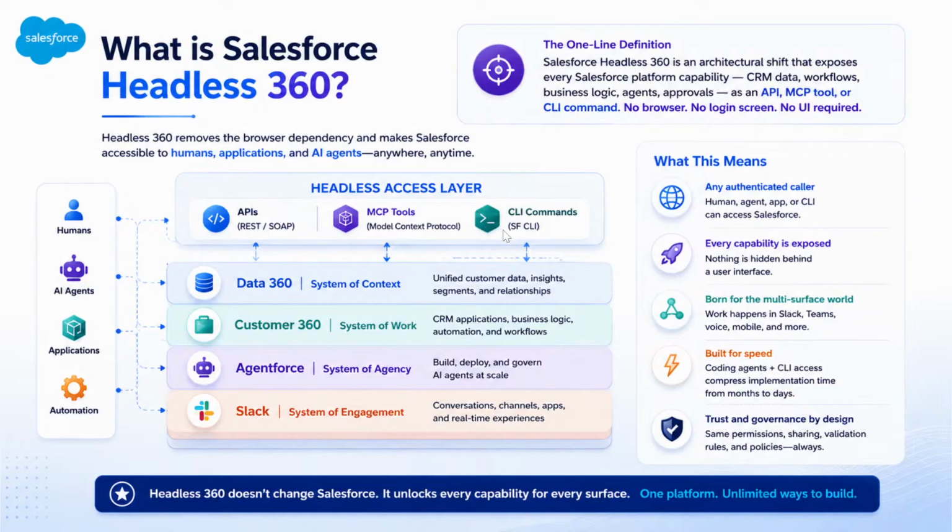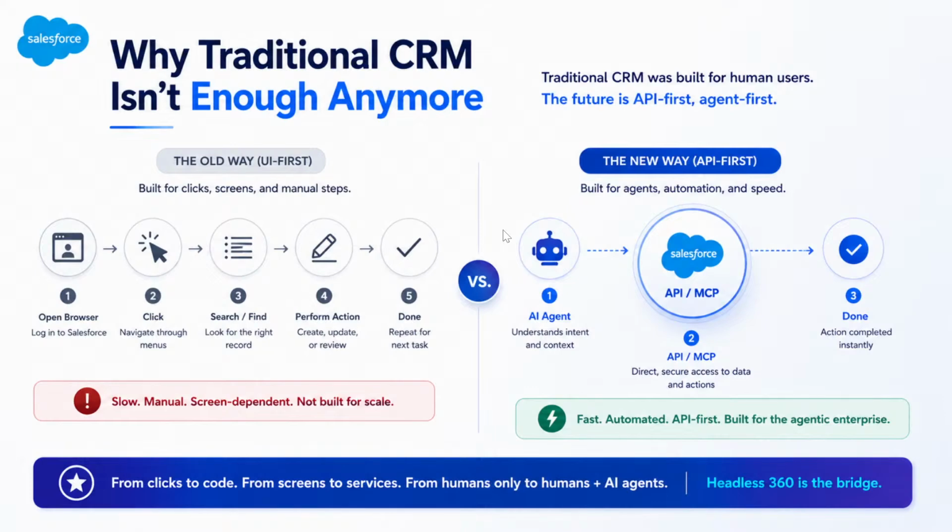Okay. Now, why isn't traditional CRM enough anymore? Now we have understood that, okay, fine, this is what is changing, but there is one key question which would come into mind and which we need to understand in order to help businesses achieve what they need to be prepared for, or what they should be starting to move towards.